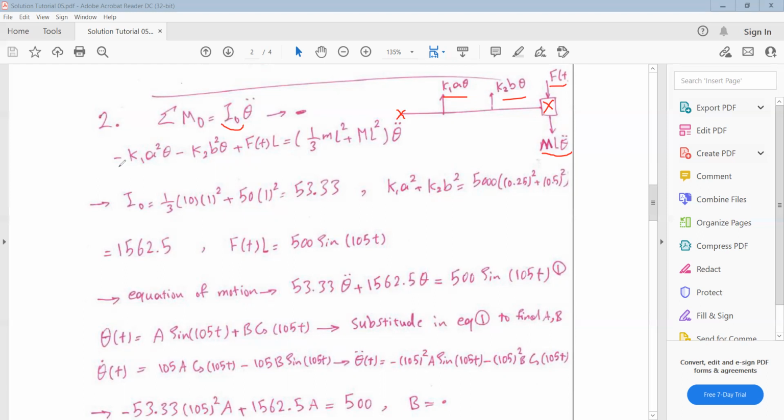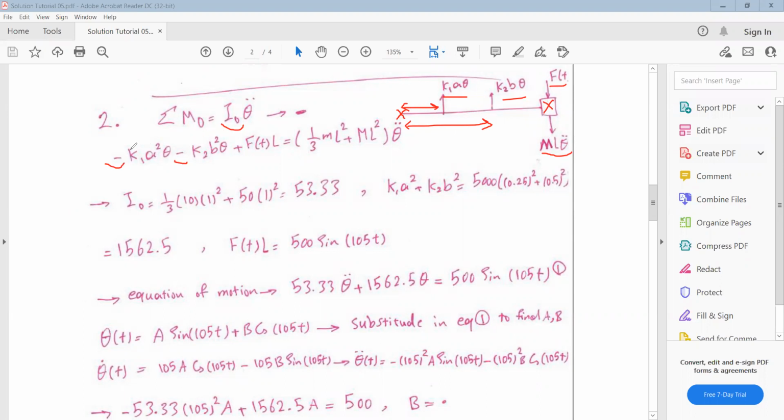So the moment due to the force K1 A theta is equal to this force multiplied by its arm. The arm is this length, which is equal to A. The arm for the second spring is B, this length, and the arm for the force Ft is the total length of the bar, which is L. So we have one negative sign here, you can see, because the moments due to the springs K1 and K2 are in the counterclockwise direction, or in the opposite direction of theta.